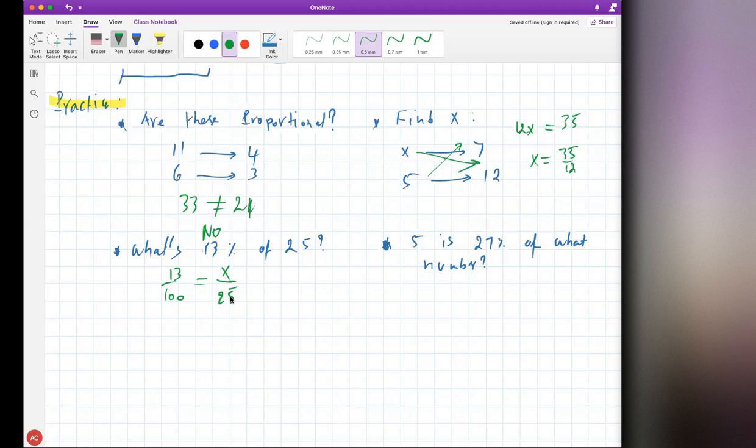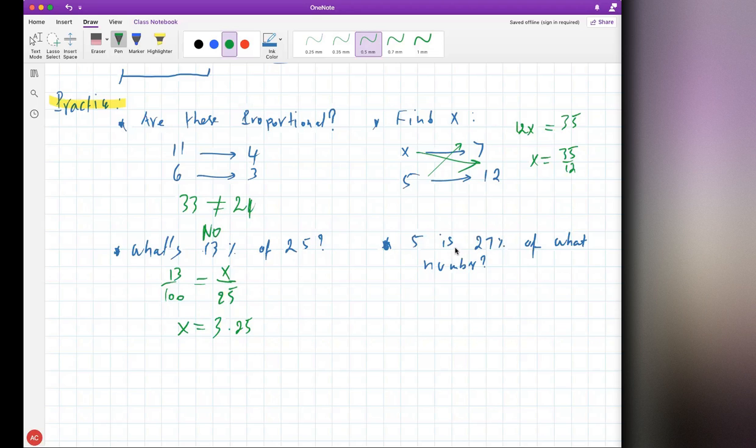Now the whole is 25, so we're looking for x. What is x equal to if we cross multiply and solve? 325. That makes sense. It's a small portion of 25, a little bit of 25, so that makes sense.